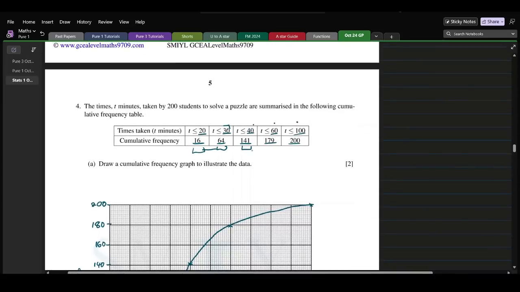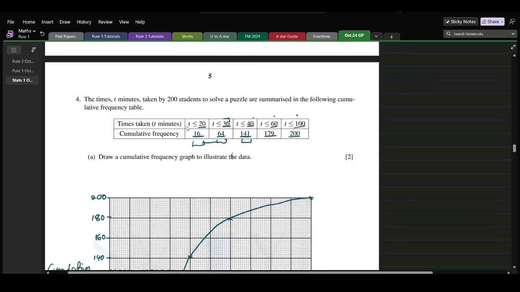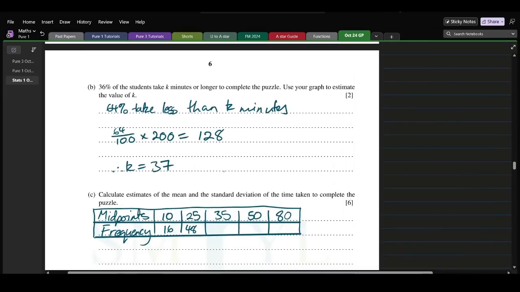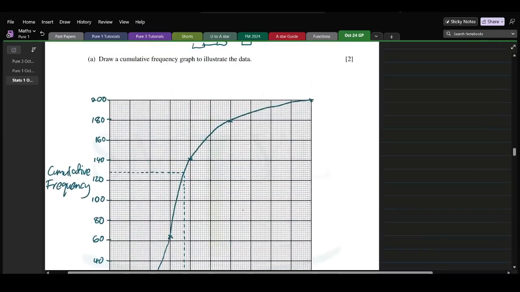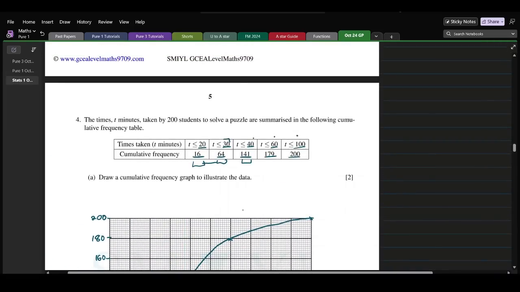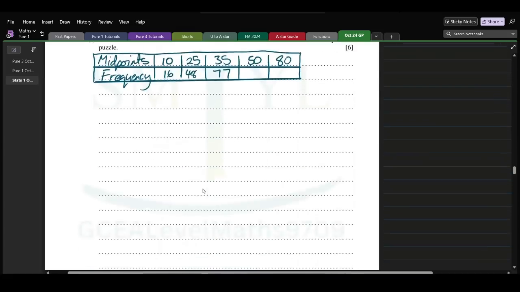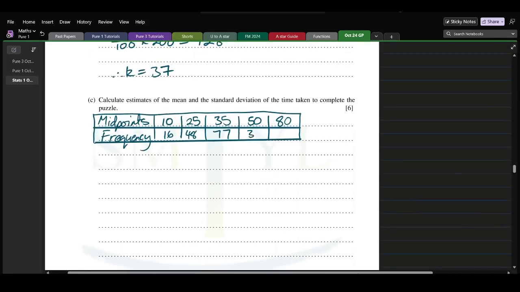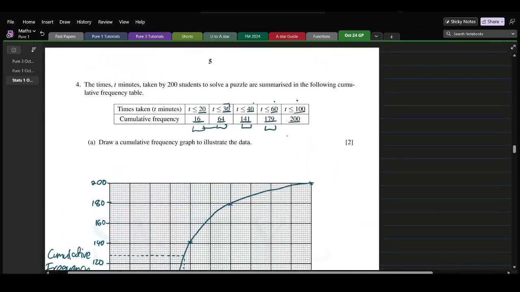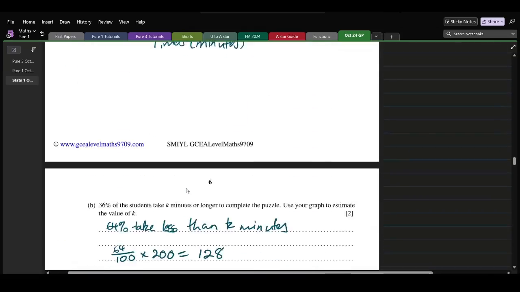That gives us 77. And then the fourth class would be 179 minus 141, that gives us 38. And then the final class would be 200 minus 179, which is 21.